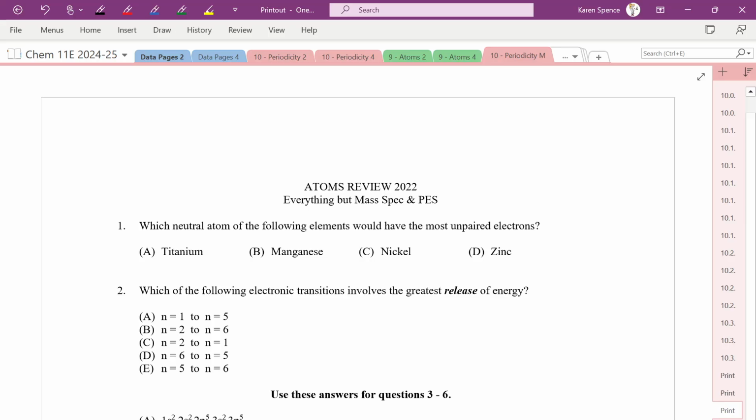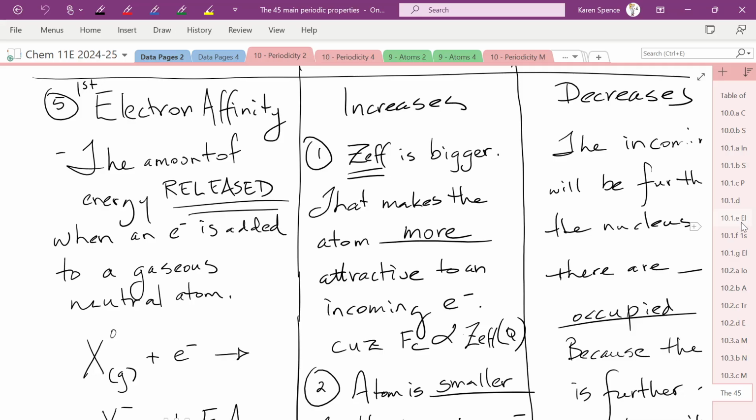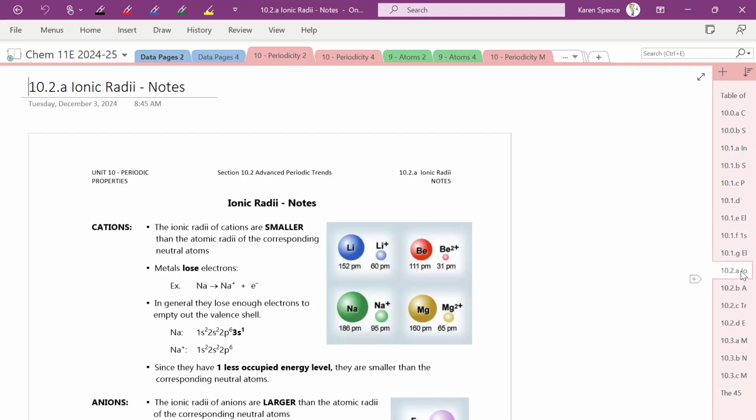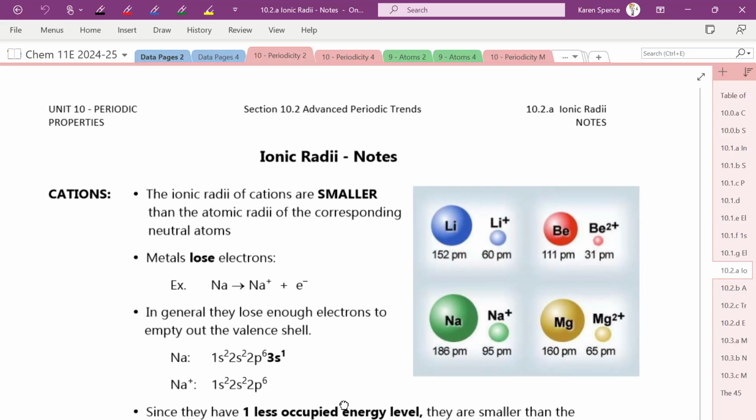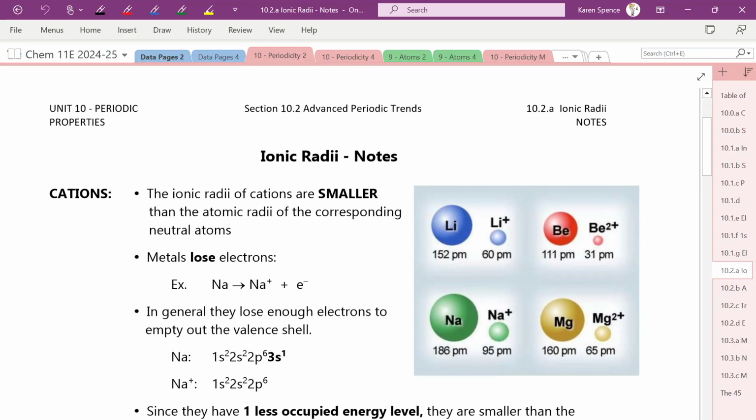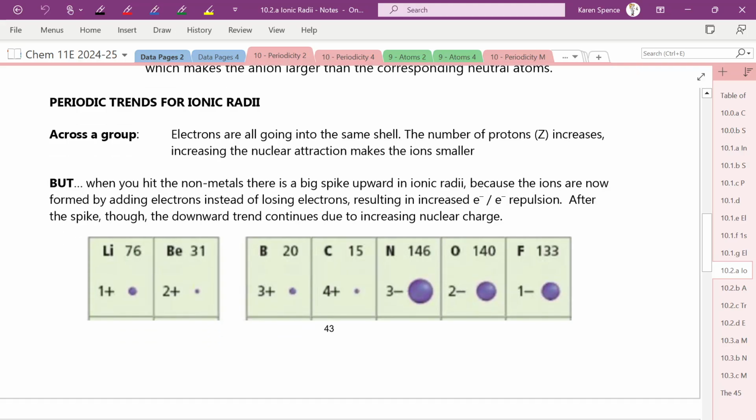In that case, we are going to go to periodic properties again. And we are on 10.2a, which is page 43.